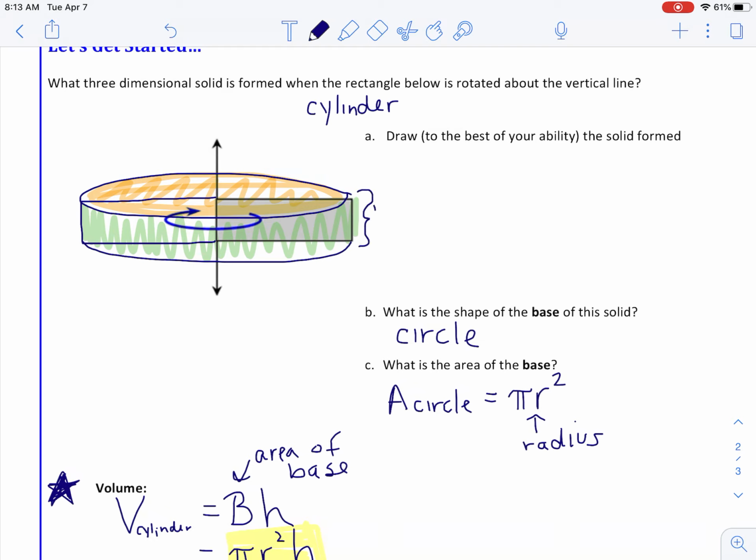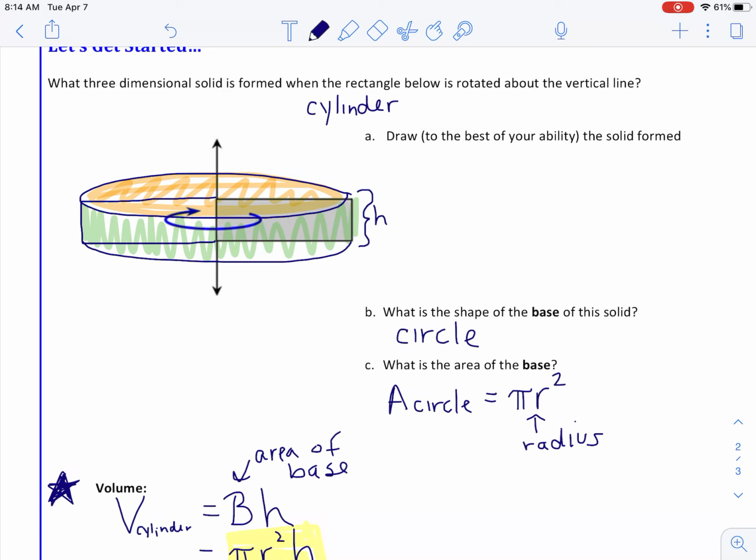Now, the rectangle has a height of h, but what's the length of that rectangle? Take a second to think about it. If I unwrapped this cylinder, and maybe later I will post a video of me unwrapping a cylinder, because everybody's been talking about toilet paper these days.